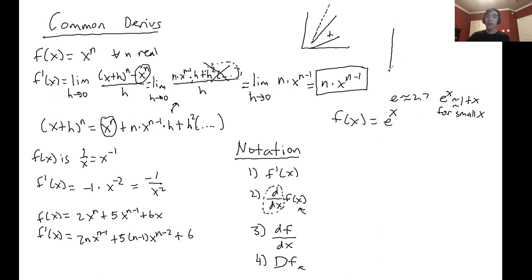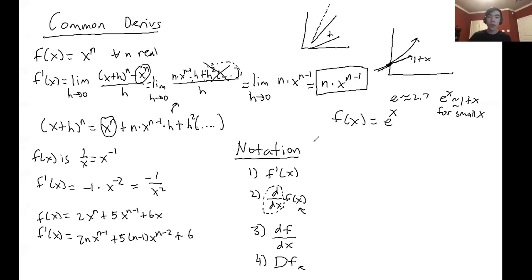If we were to graph it, e to the x would look something like this. And if we take the tangent line at x equals 0, this line 1 plus x is tangent right there, and it's a very, very close approximation.